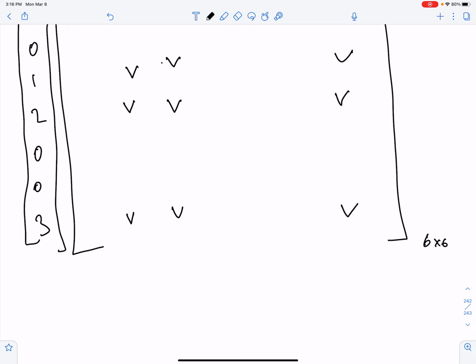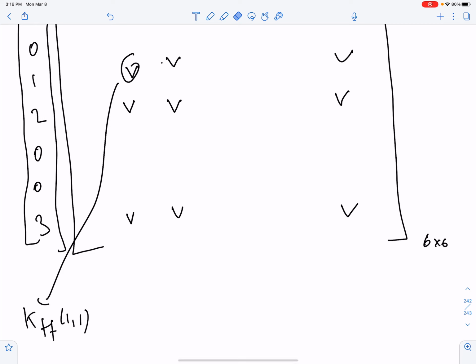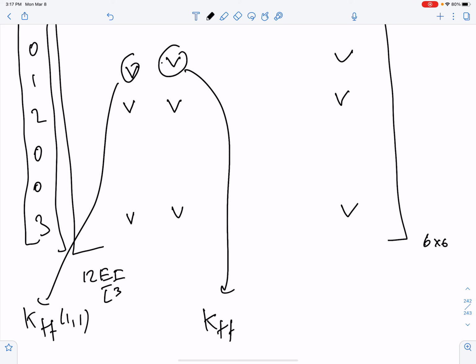And if you focus on these 9 entries, this goes to KFF11, and if you look at that entry, it is 12 EI over L cubed. This would go to KFF12, and the entry here is 6 EI over L squared.